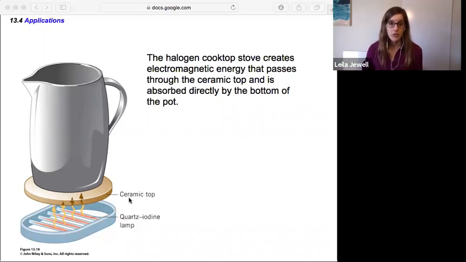You need special pots to absorb this radiant energy. But you can take advantage of the radiation as opposed to needing traditional conduction like we'd use with an electric burner. So this highlights just a few of the applications of our heat transfer mechanisms, which we saw were convection, conduction, and radiation. That is chapter 13.